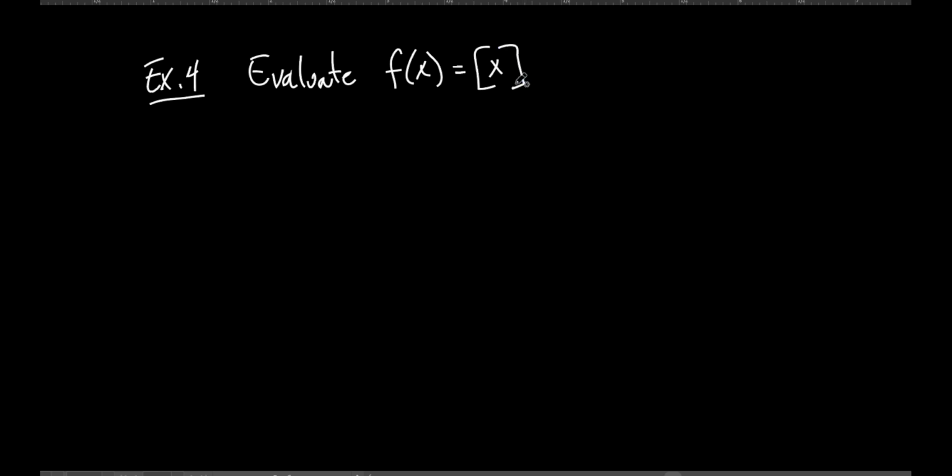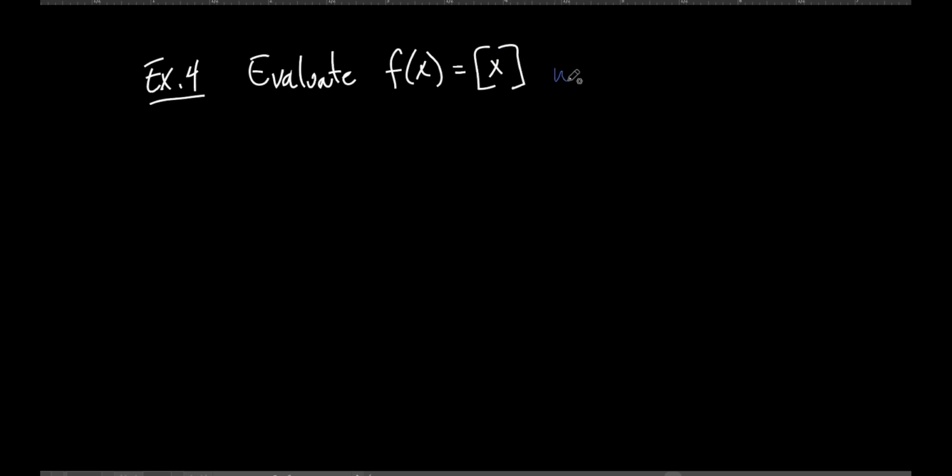We've already kind of talked about this, but this is an example. They call it example 4, and they say evaluate, and we've kind of discussed this already. All right, so there's your greatest integer function.